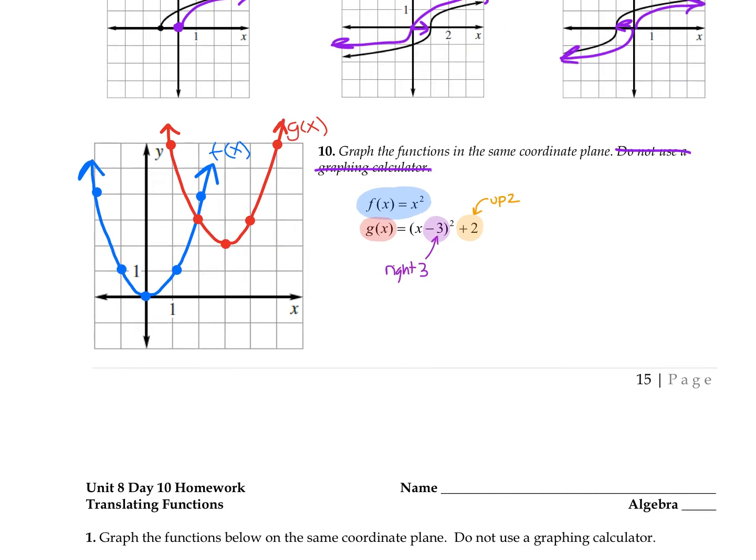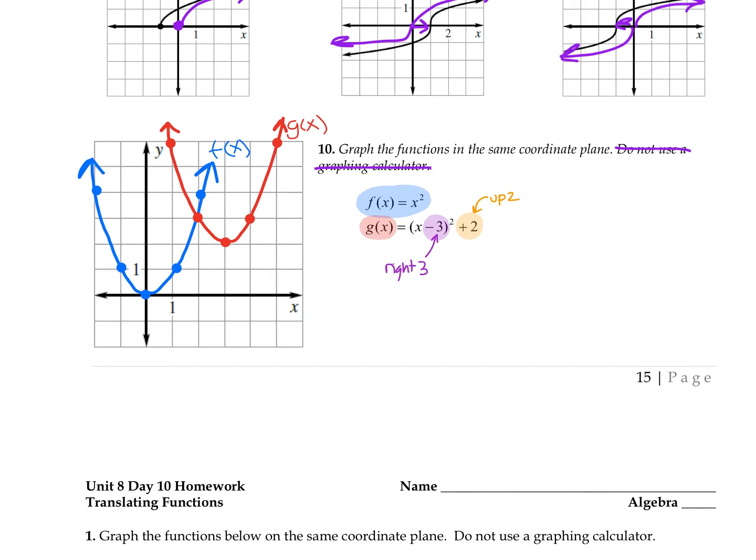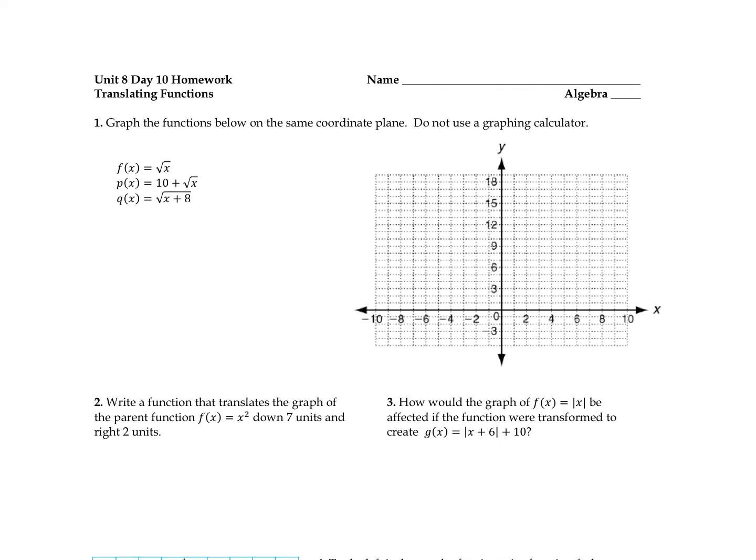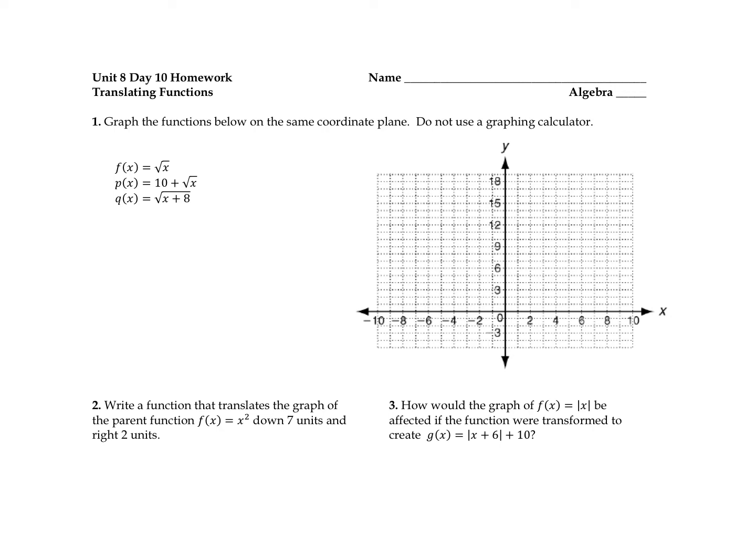All right, now on to the homework. So, I know it says again, do not use a graphing calculator. You can use your graphing calculator. You do not have to do this without, you get it on the Regents. You might as well get comfortable using it for these types of problems.